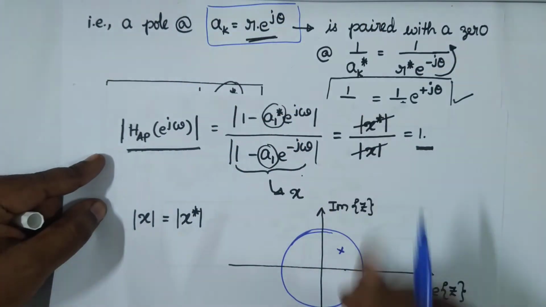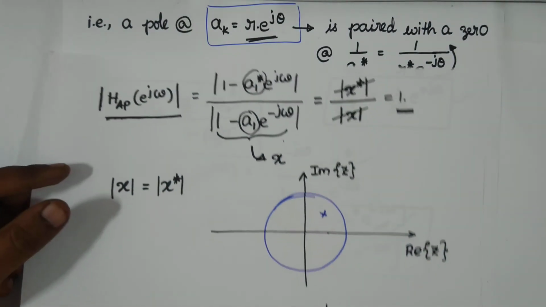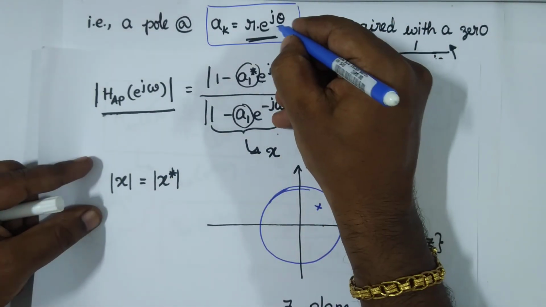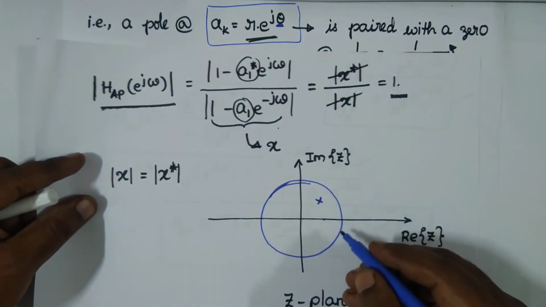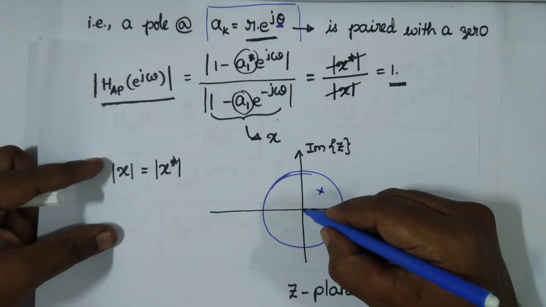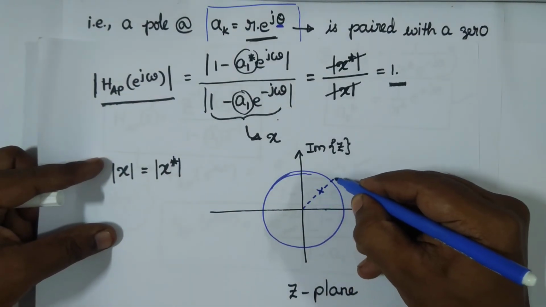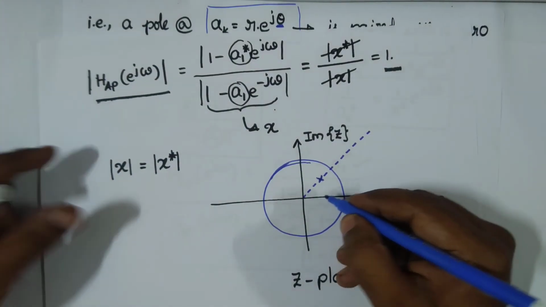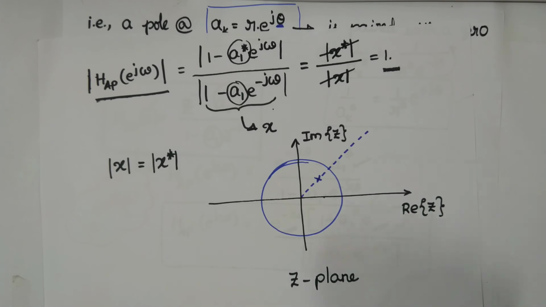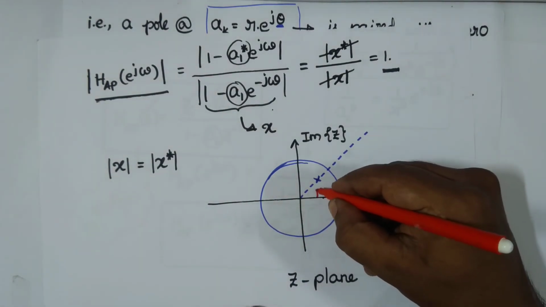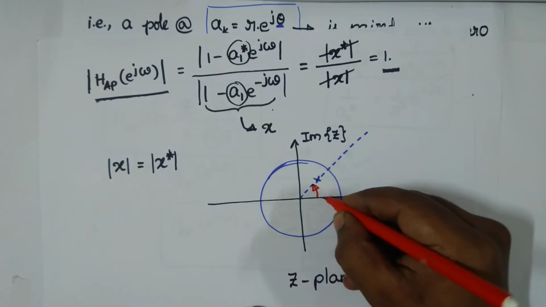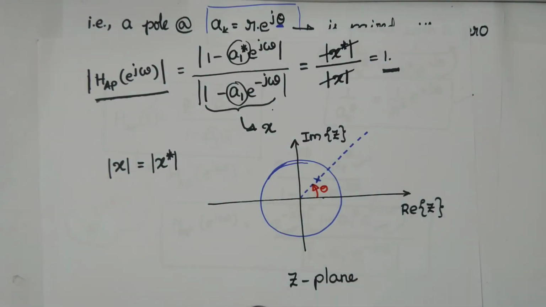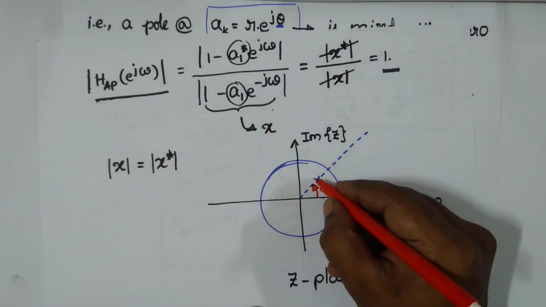a1 is equal to R e power j theta. We have a positive phase, theta is positive there. From the real axis, I take an anti-clockwise journey by theta, and then I reach this pole.